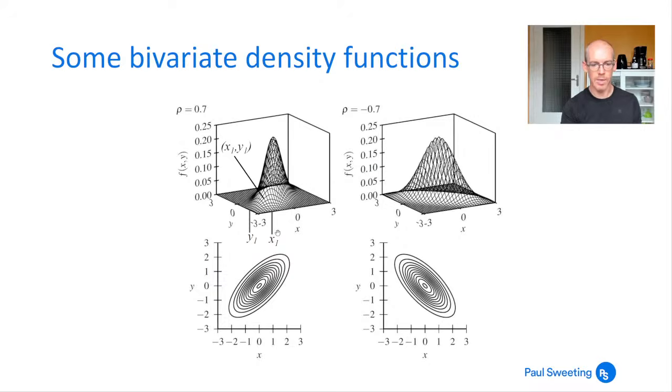And you can find that by marking x1 on the x-axis and following that line up the hill there, and looking at where it intersects with the line that you draw from y1 on the y-axis to this point here, and then looking at the volume that lies beneath the curve at that point, because the volume under that curve is the probability that x is less than x1 and y is less than y1. So does that make sense?